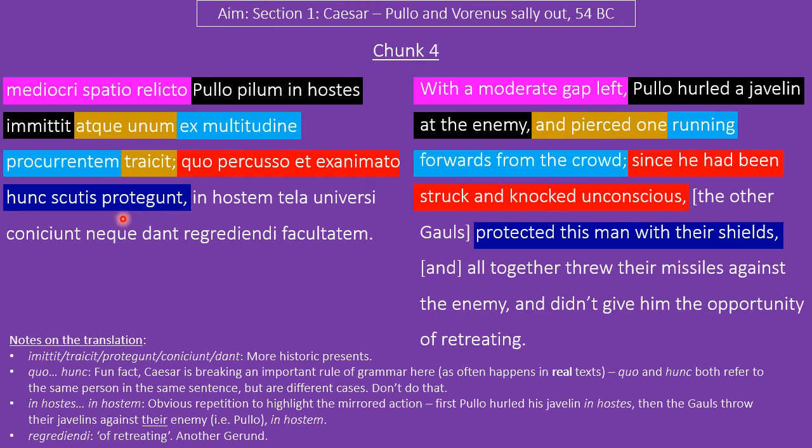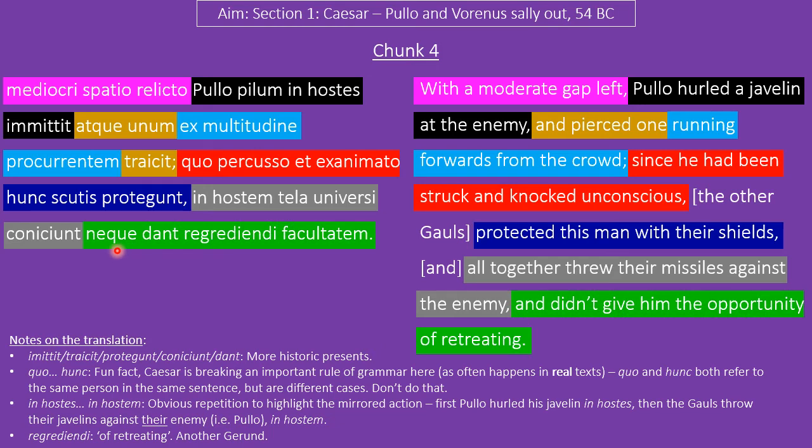Anyway, they protect hunc, this man, with their scutis, with their shields, and universi, altogether, universally, they coniciunt, they threw their tela, their missiles, in hostem, against their enemy. Notice the repetition. And they neque dant, they don't give him the facultatem, the opportunity, the availability of retreating.